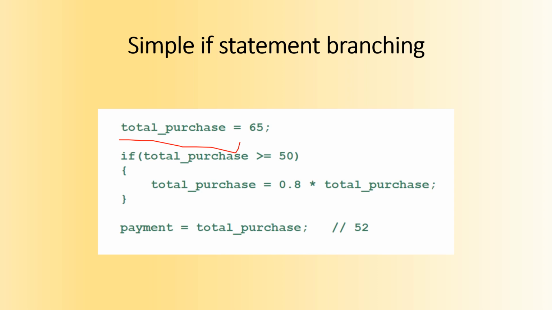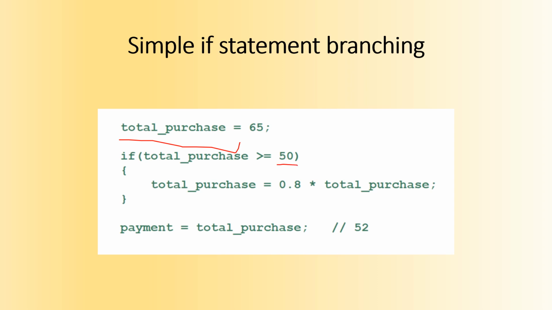So we are setting it to 65. Then we are testing that total purchase value, whether it is indeed $50 or not.